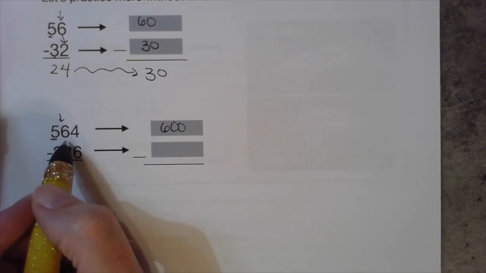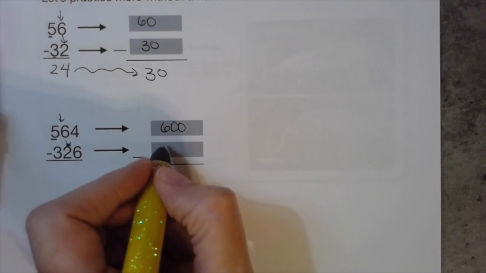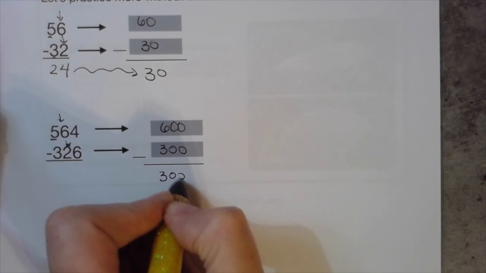It rounds to 600. Okay, 326 is next. It has 300s and only 2 ones. We said up here, 2 ones, we need to let it rest. So we're going to let our 300s stay, and everything else changes to a 0. So 600 minus 300 is 300.